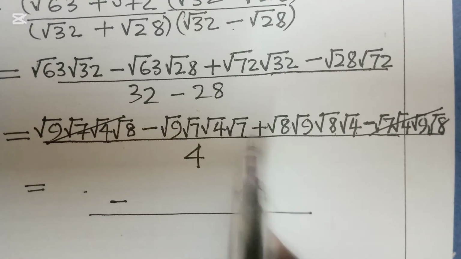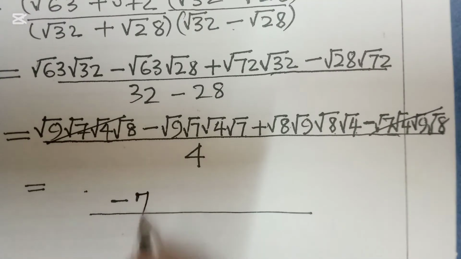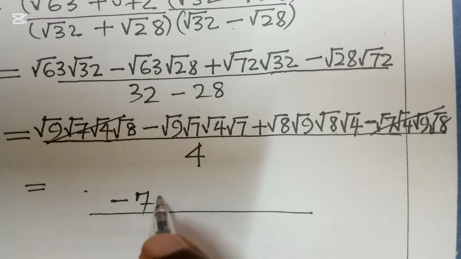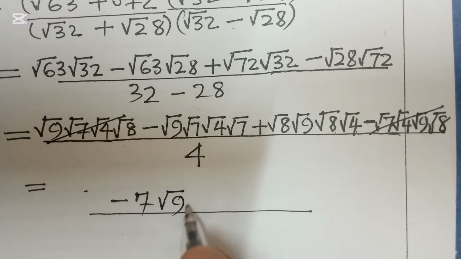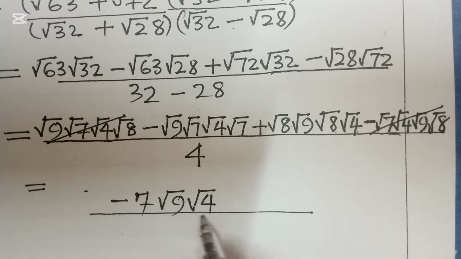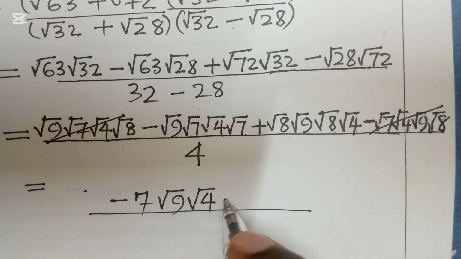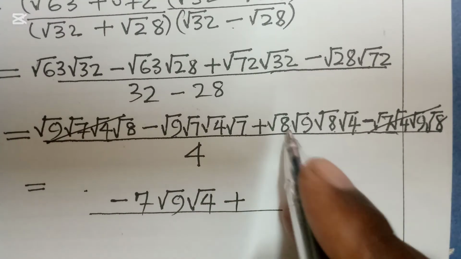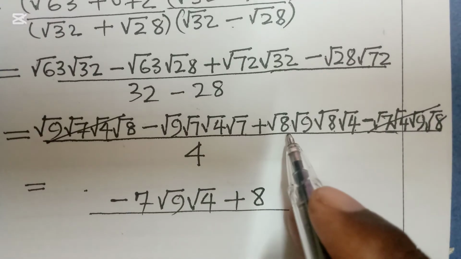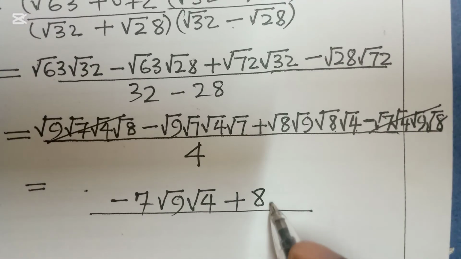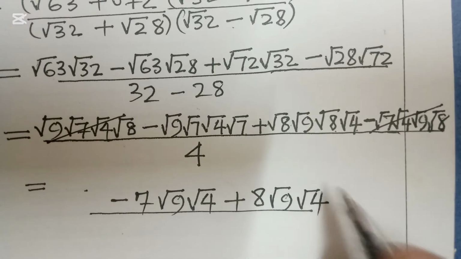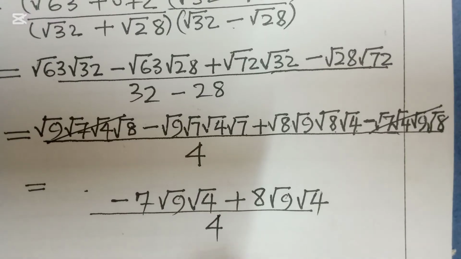We have 7 there: square root of 7 multiplied by square root of 7. Then we have square root of 9, square root of 4, which can also be found. Plus, here we have 8, and we can write it as square root of 8, square root of 8. And then we are left with the square root of 9, square root of 4. So this one gives us 4 there.